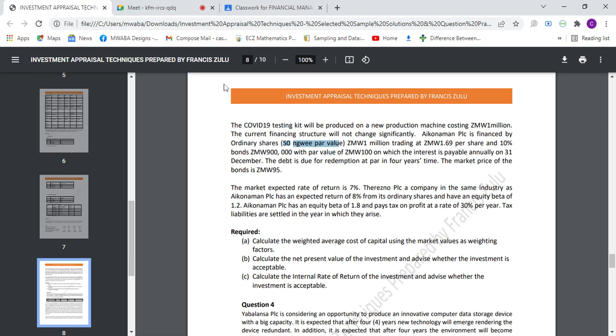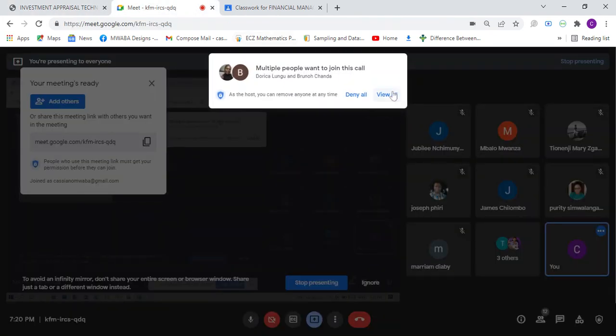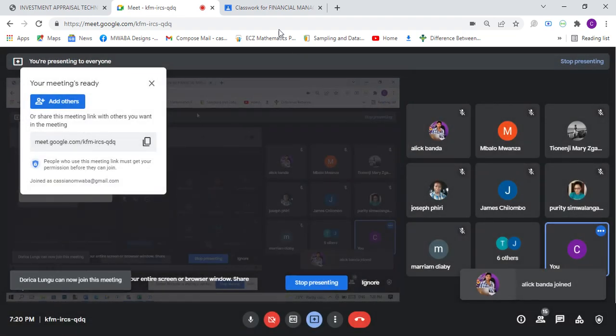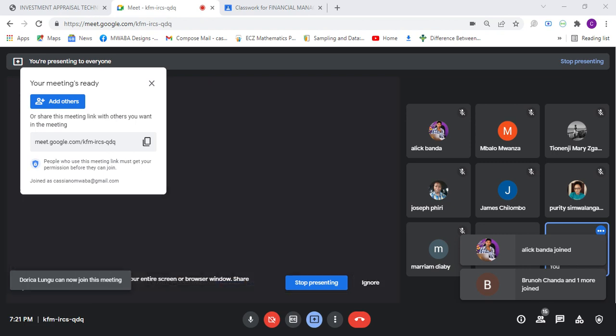So we're going to say 1 million is 1 million kwacha. We convert also the 15 ngwe to kwacha. So let me just put it on the side.